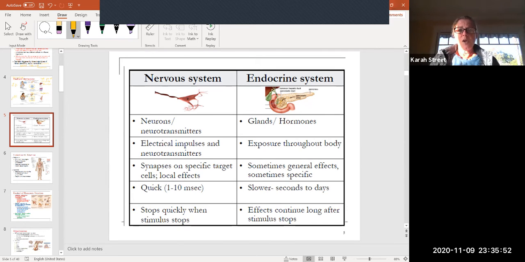Neurons also use electrical impulses, action potentials, which leads to the release of neurotransmitters. Endocrine system, their hormones can be released in 3 ways: neural, humoral, and hormonal, which I will talk about more.